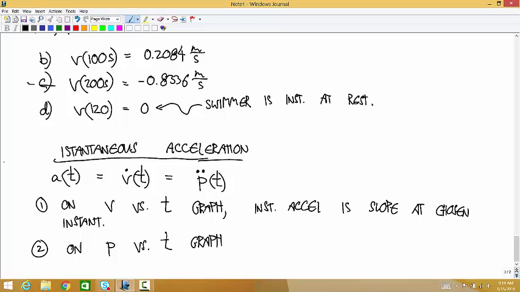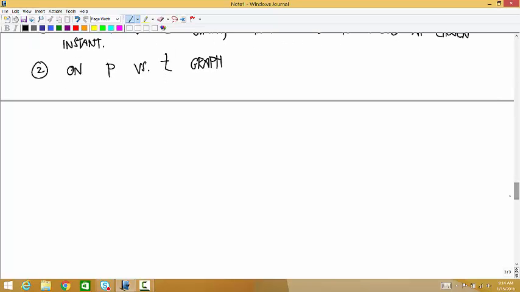And on a position versus time graph, it's the second derivative. It's sort of related to the, what do you call that? There's a name for that, right? The concavity, right?